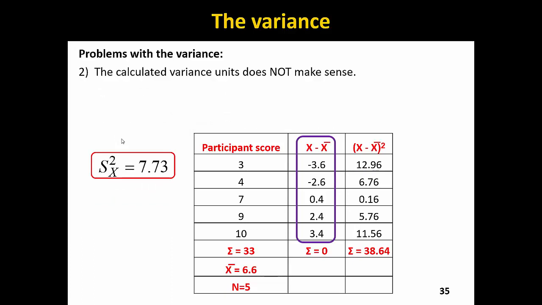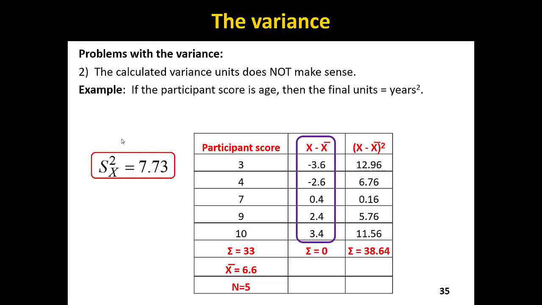The second problem is that the calculated variance units actually do not make sense. Let's suppose we were measuring participant age. We know that the units for age is years, but when we go through and we calculate 3 years subtract 6.6 years, we get negative 3.6 years.